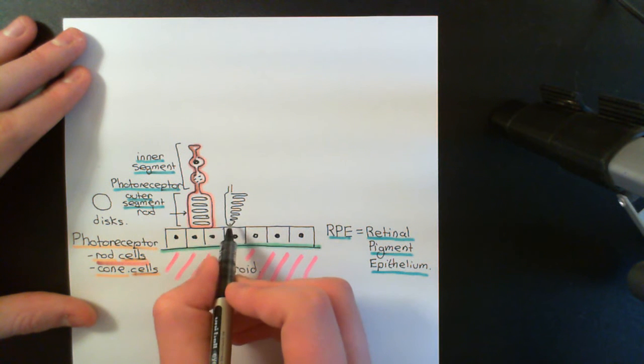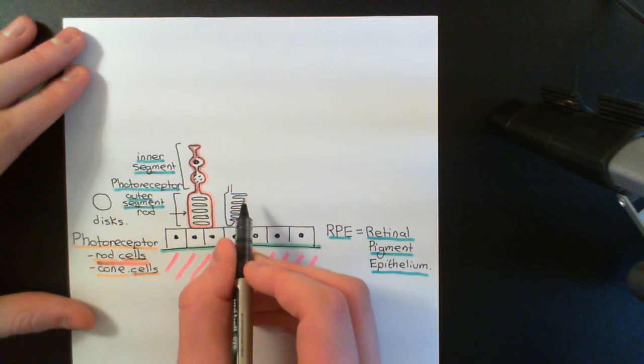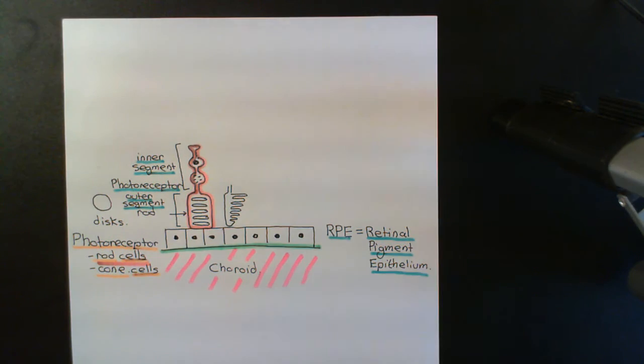It has these continuous invaginations of its membrane like this, and the whole purpose of this is to try and increase the surface area of the membrane, because we need a lot of these special receptors for light that are integral membrane proteins, so they have to have some membrane to sit in.